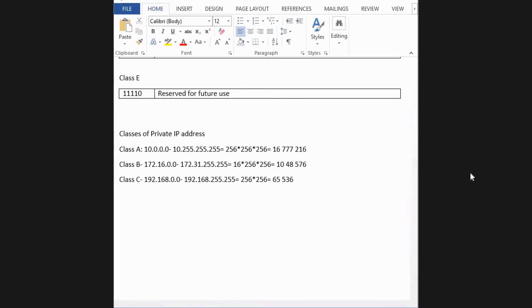Okay, so this is what the IP addresses are. Yesterday we saw, let's say this is a source and this is a destination. If the source is a private IP address and the destination is also private, that means it is in a single network, right?